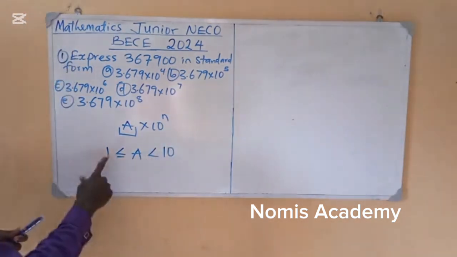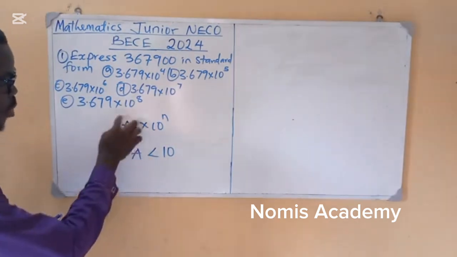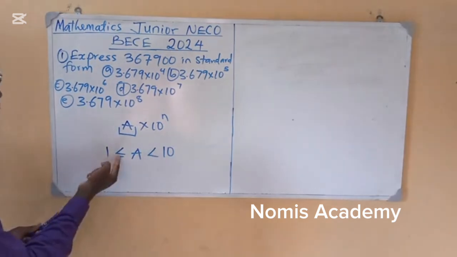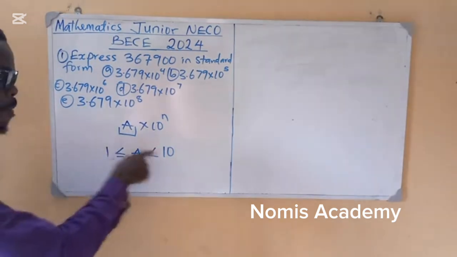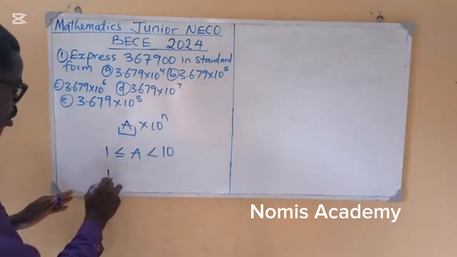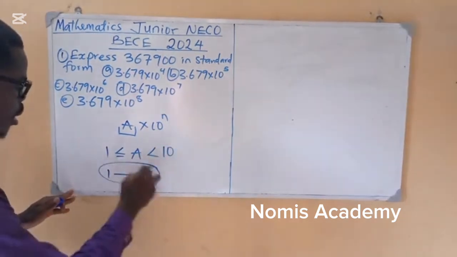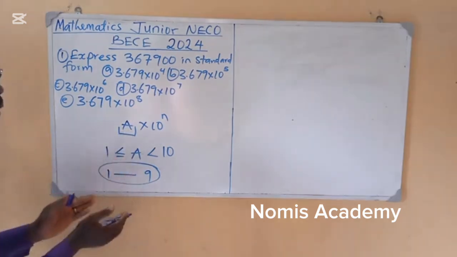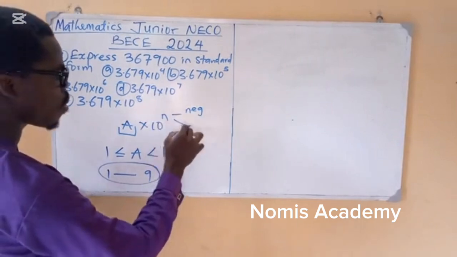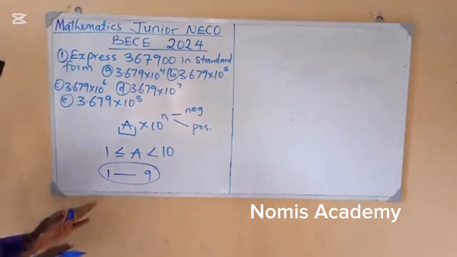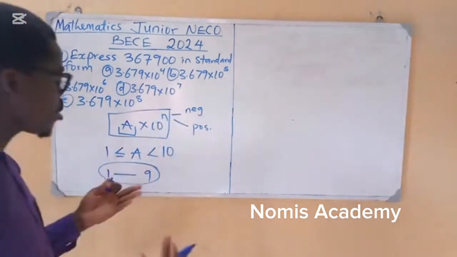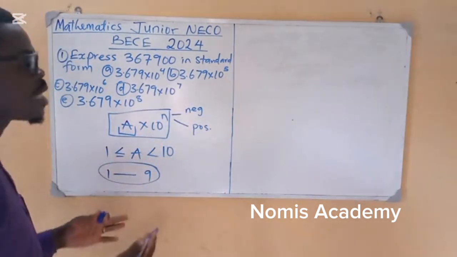The value of A should be greater than or equal to 1 but less than 10. So numbers from 1 to 9 can be the A value. Then n can be a negative or positive number. When you're able to write a number in this form, that number is said to be in standard form.